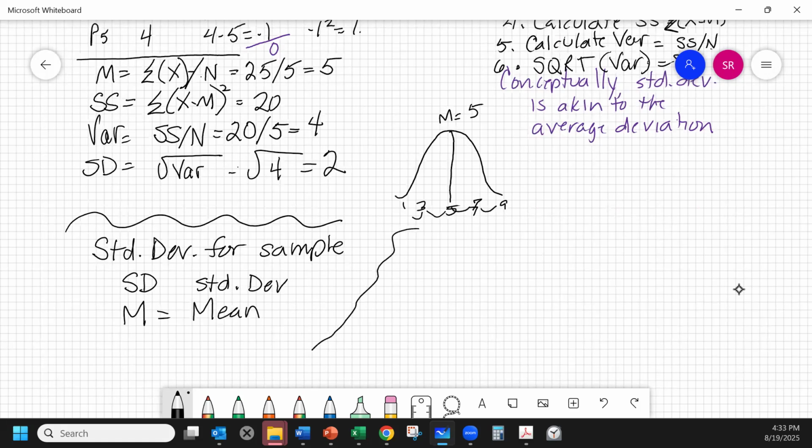If we were, however, using a really large, well-known set of data, a good example is IQ scores. We have gathered IQ scores from millions of people over many years.